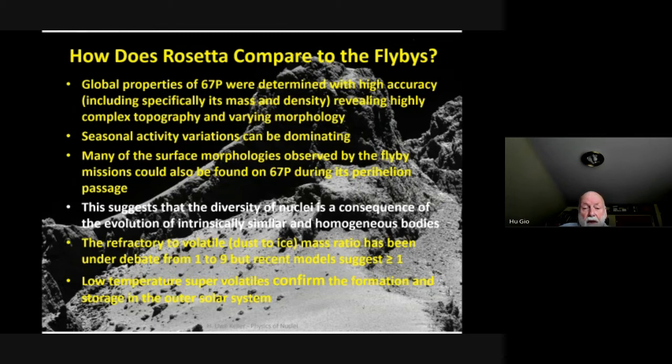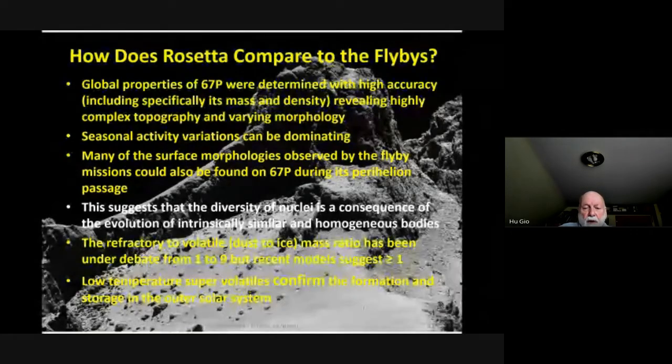homogeneous bodies. Look, comets evolve differently, but they started out with more or less the same composition and material. The refractory to volatile, dust to ice mass ratio has been under debate from 1 to 9.